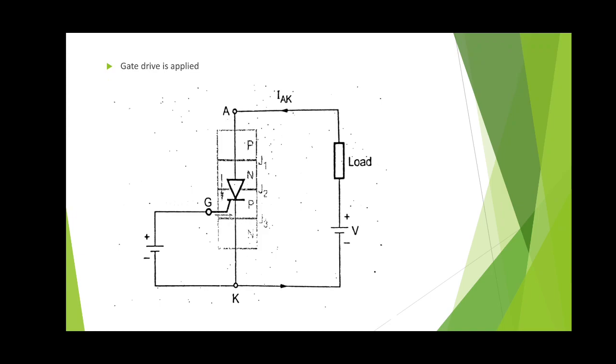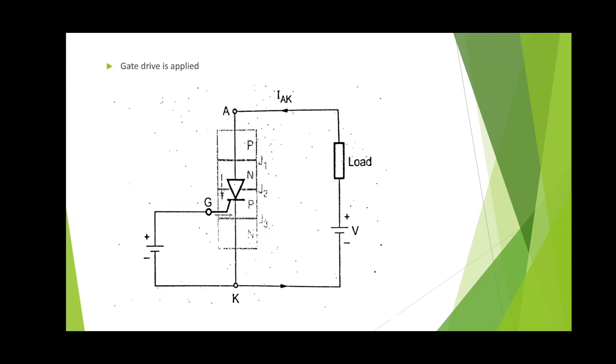The thyristor is in forward blocking mode when gate drive is not applied. It is not going to conduct. When the positive gate to cathode voltage is applied, current flows from gate to cathode. This current adds to the forward leakage current.